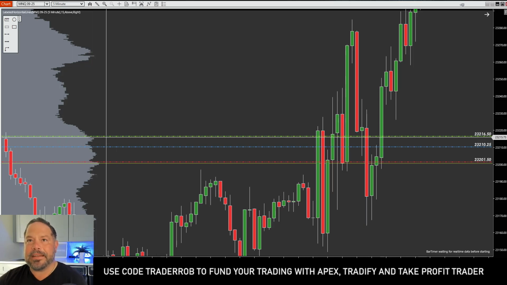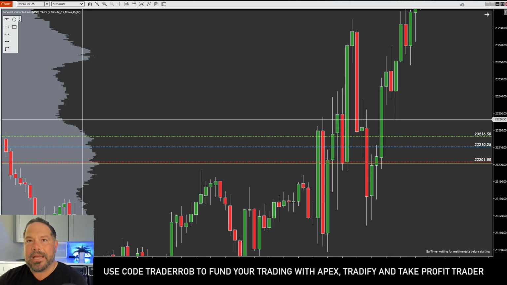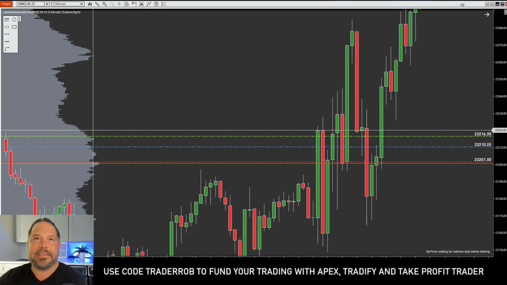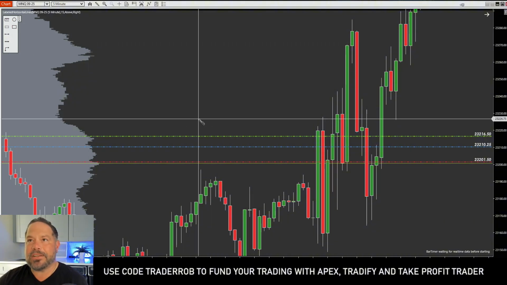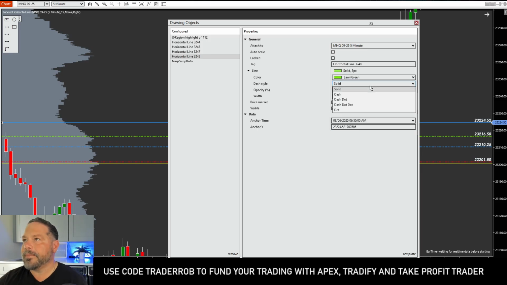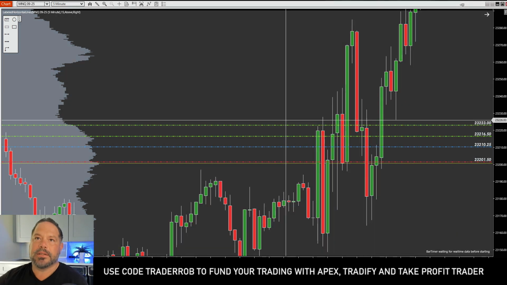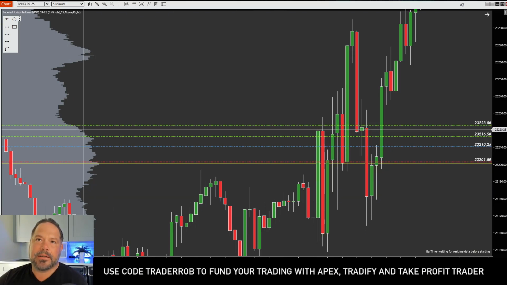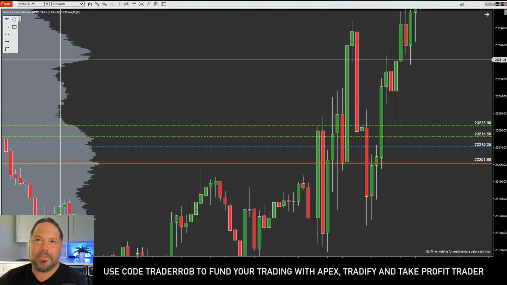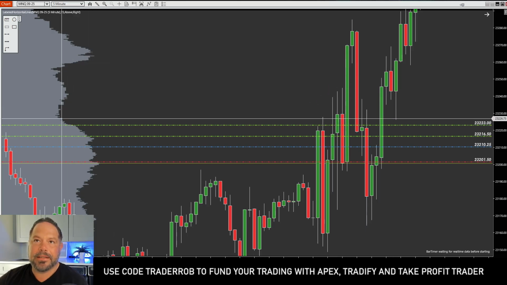If I get TP1, let's find an area where I can relatively easily get TP2, which for that trade came in at, let's get this guy green, dash dot dot, 23,223. Right as before the volume starts to really drop off, it's sitting on this bigger ledge right here. It's easy.